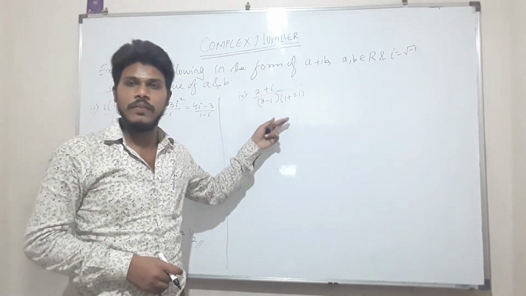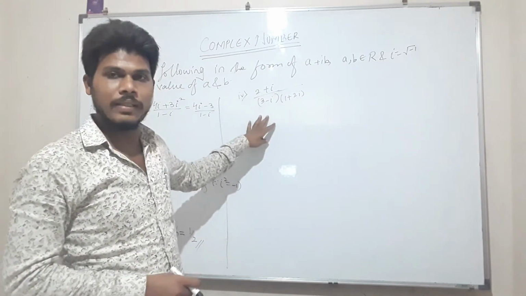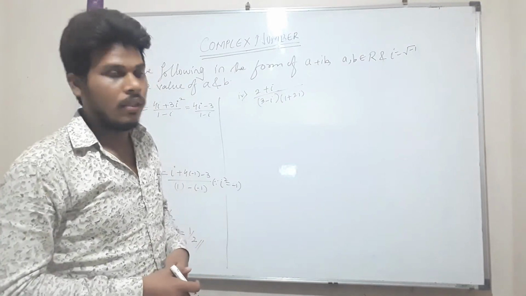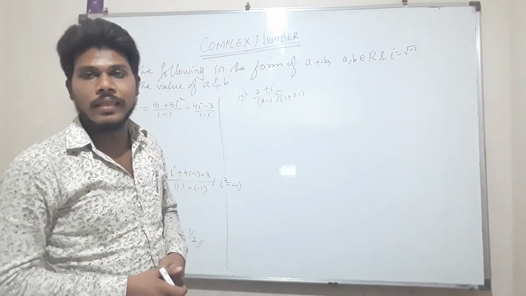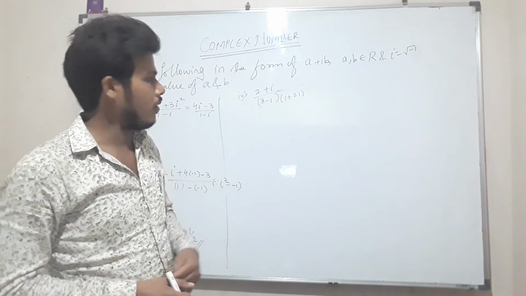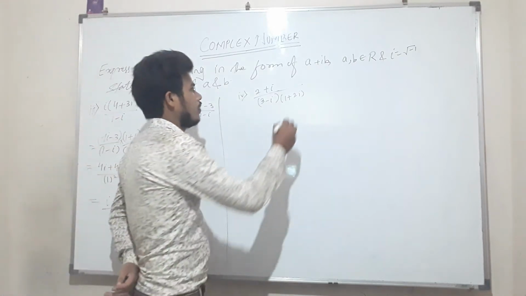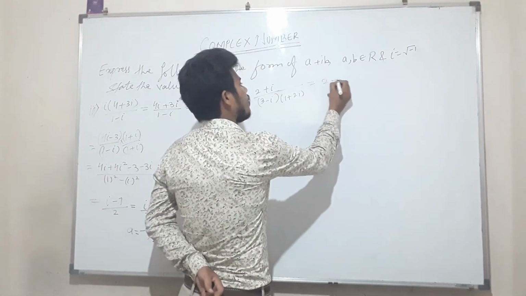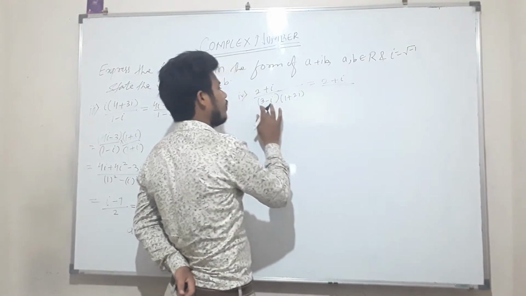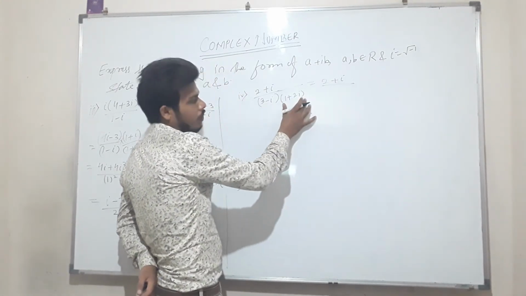First we simplify this one, then we take the conjugate of the denominator and multiply and divide by this conjugate. So the first step is 2 plus i upon (3 minus i) into (1 plus 2i).